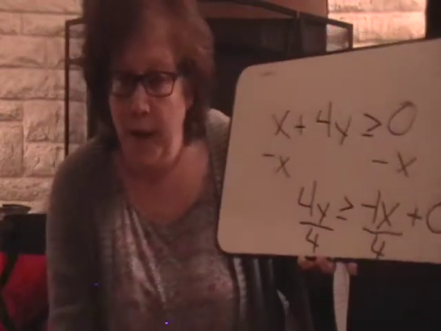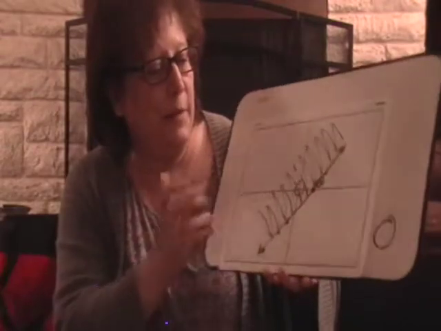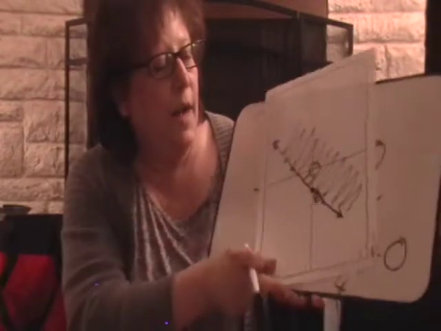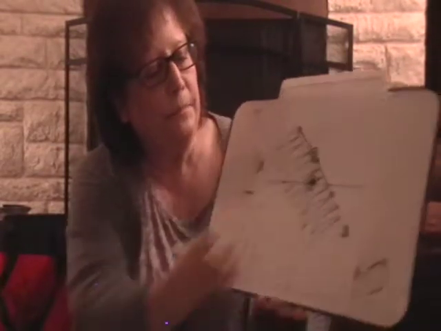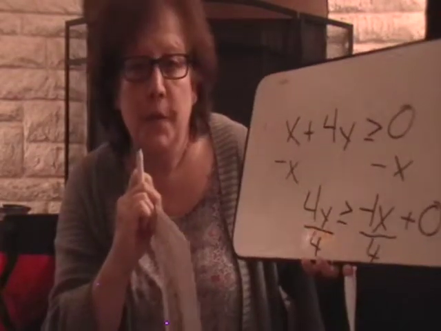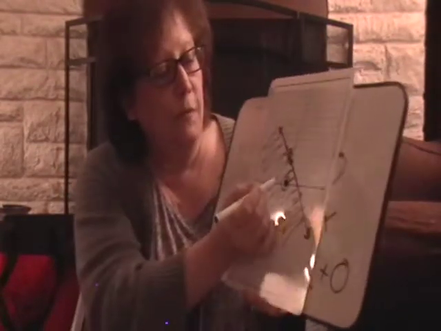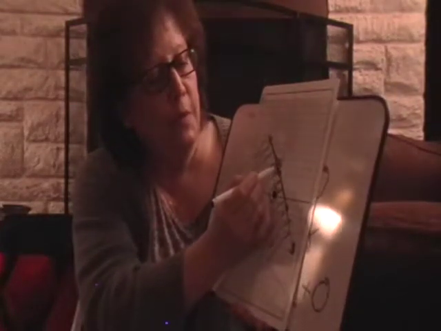So what is my y-intercept? Well, it's 0. When x equals 0, y also equals 0. Here's where that's going to be. 0, 0. Now, my slope, we're going to go over 1. We're going to go up 4. 1, 2, 3, 4.